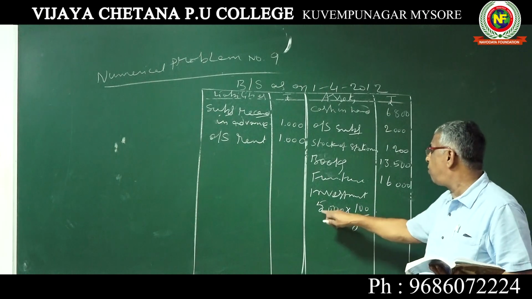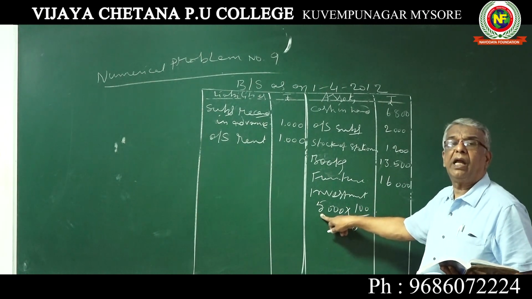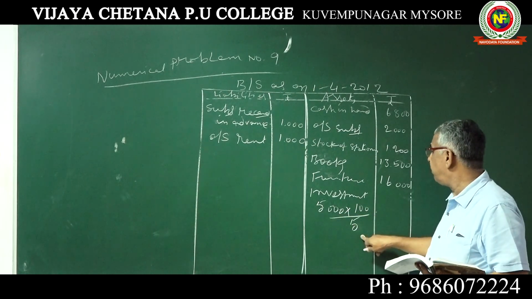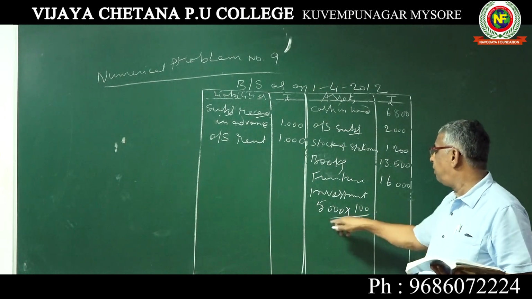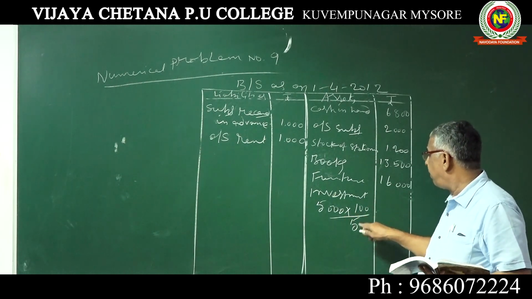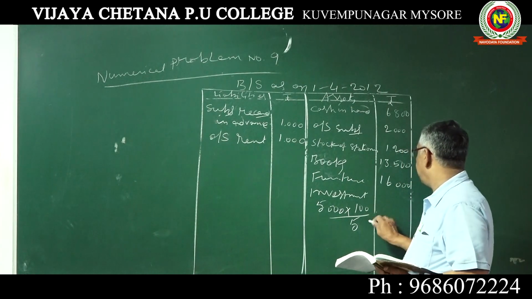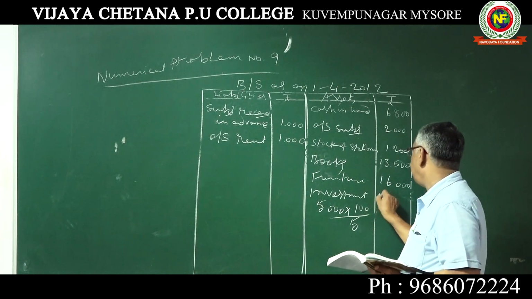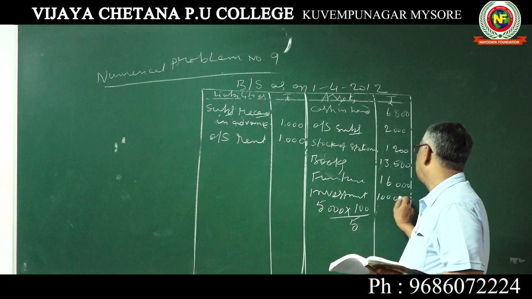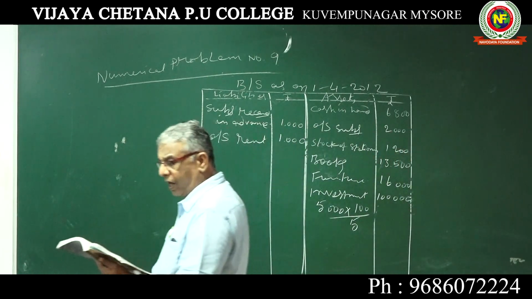So to find out the cost of the investment, 5,000 into 100 by 5. That comes to 1 lakh rupees. This is how we have to find out the cost of the investment.